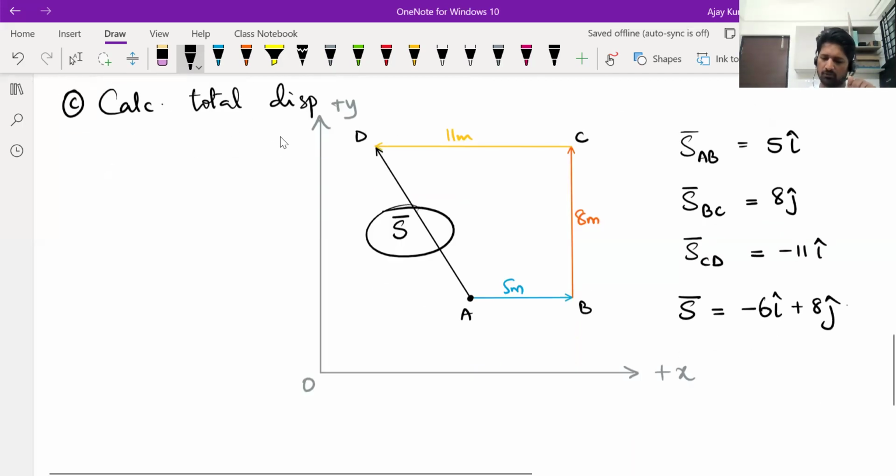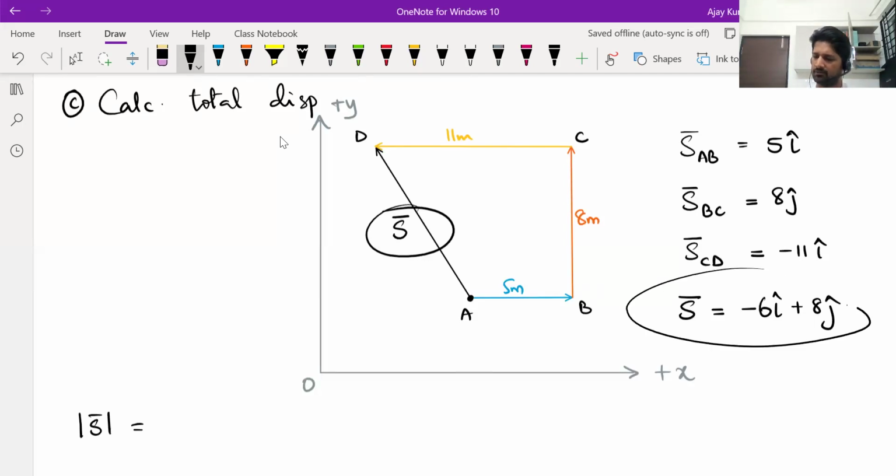Now, suppose you want to find out the magnitude of total displacement. You already have the total displacement vector, just take its magnitude. Tell me the magnitude of this vector, all of you. Quick. Ten, sir.